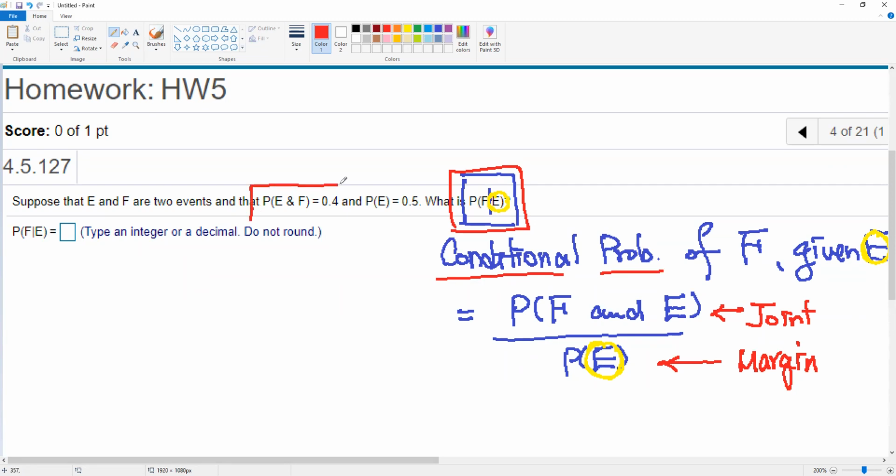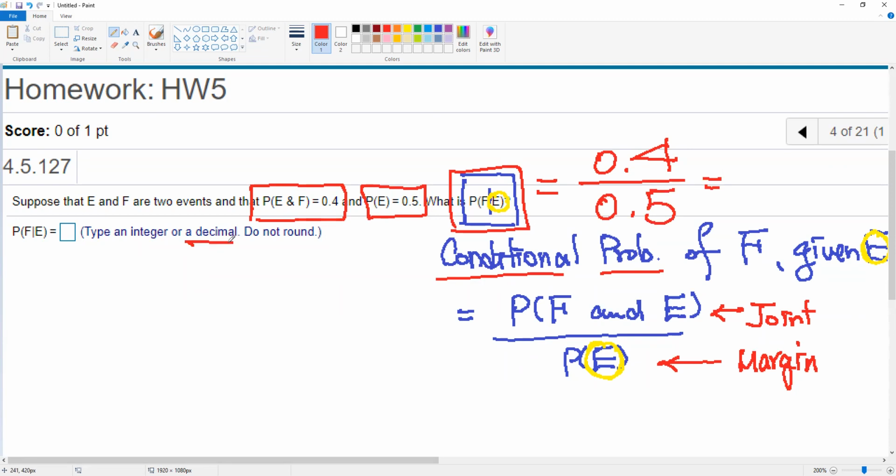Here we have the joint probability and the denominator, so we simply take the ratio, 0.4 over 0.5. We need the decimals. It is 0.8. The 0.8 is the conditional probability.